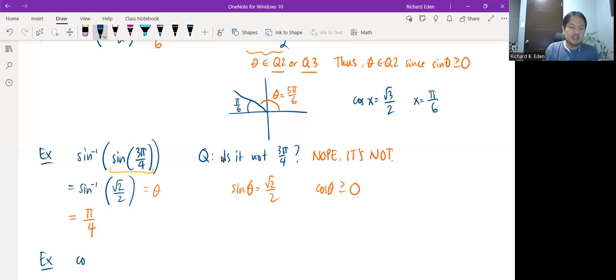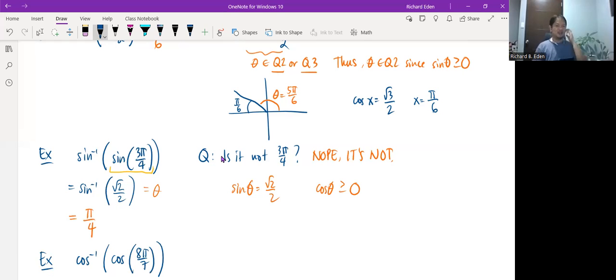What is cosine inverse of the cosine of 8 pi over 7? This time, I chose 8 pi over 7 because unlike the previous example where it was easy to figure out the sine of 3 pi over 4 exactly, this time we are not going to be able to figure out cosine of 8 pi over 7 exactly.